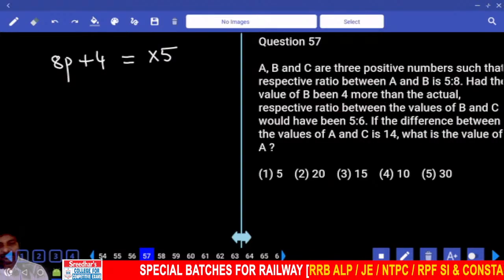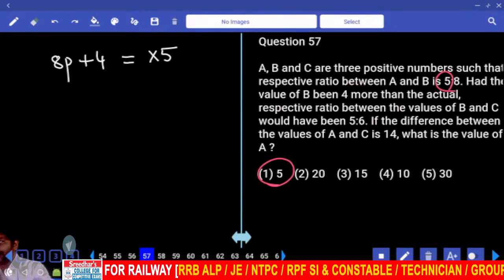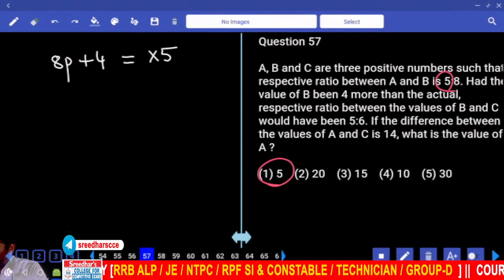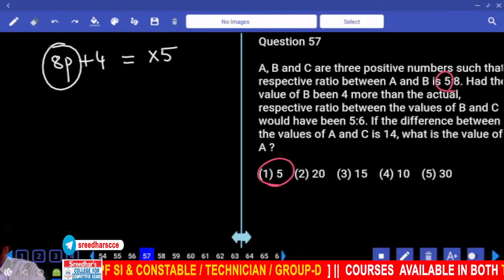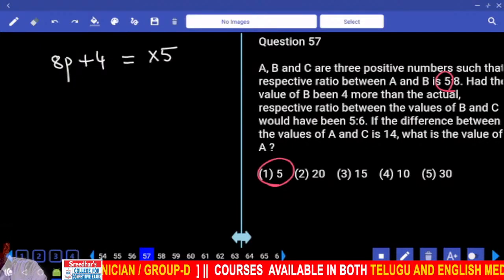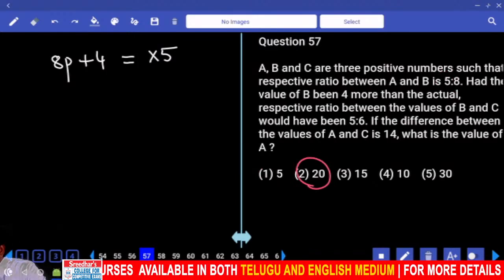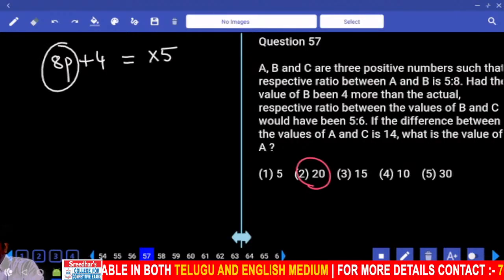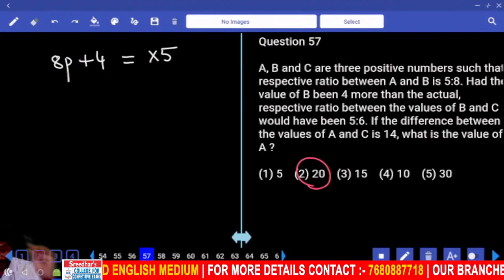Now, if A is first option, 5 parts is 5. Then 8 parts will be 8 plus 4. Satisfying? What is not satisfying? 5 multiple. If 5 parts is equal to 20, 1 part, 8 parts, 32 plus 4, satisfying.